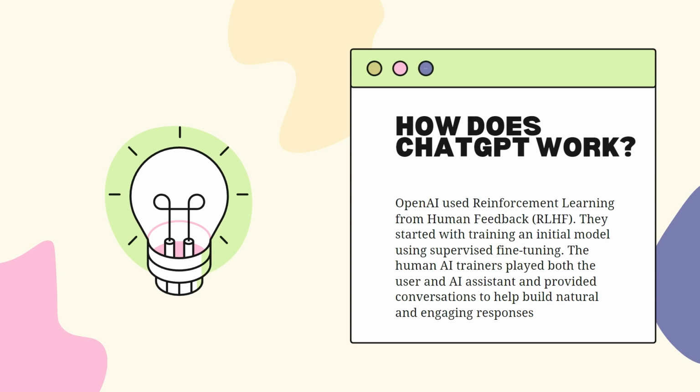Then human AI trainers played both the user and the AI assistant and provided these conversations to help build natural and engaging responses. This reinforcement learning uses a reward signal system that helps the machine learning model to improve by using this data consistently and taking feedback, so it can improve itself day by day with the increasing amounts of data it gets.